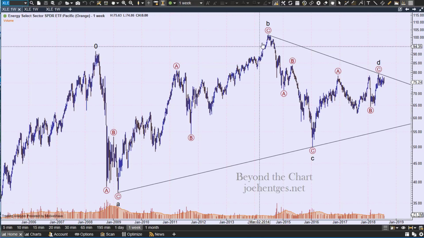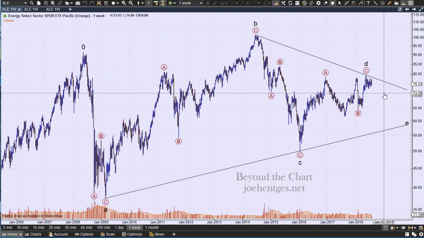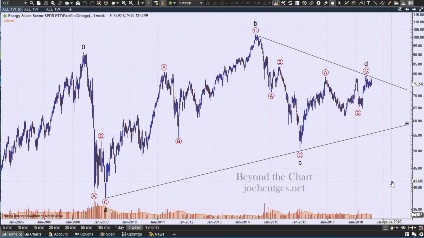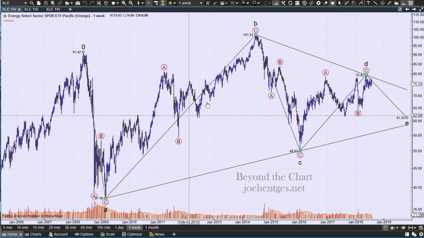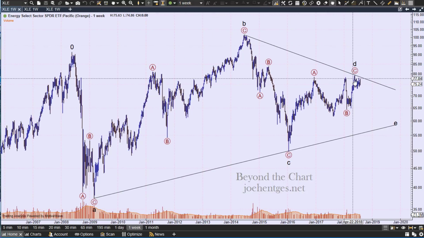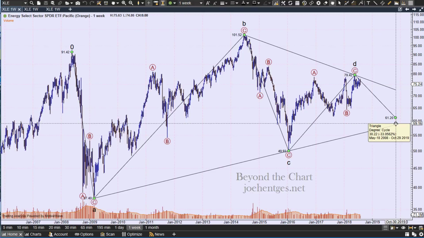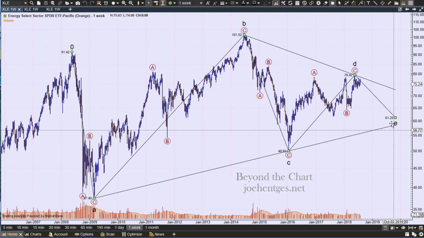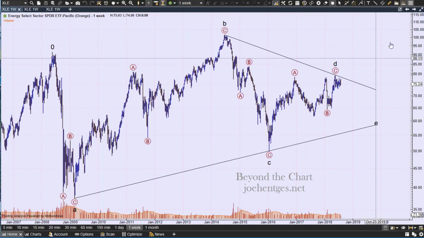And I think what we've got is this big triangle type pattern playing out in here. Because there's a lot of overlapping and a lot of 3-wave type structure, I am looking for another move to the downside here in XLE, which would complete wave E, and then we'll see where we go, assuming that plays out. But that is the picture I've got on the weekly chart.